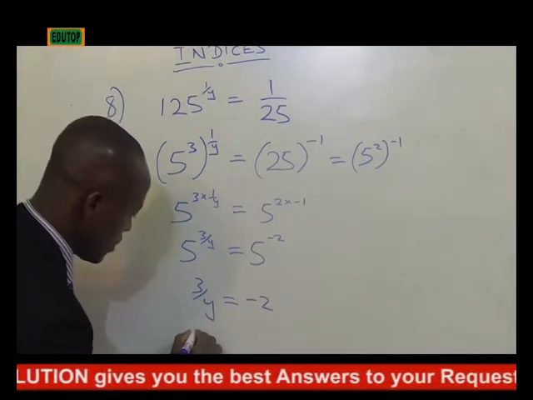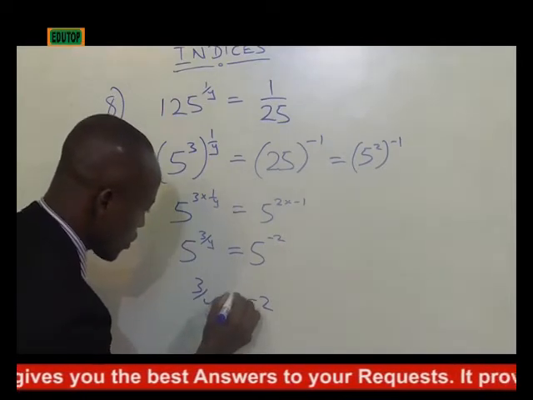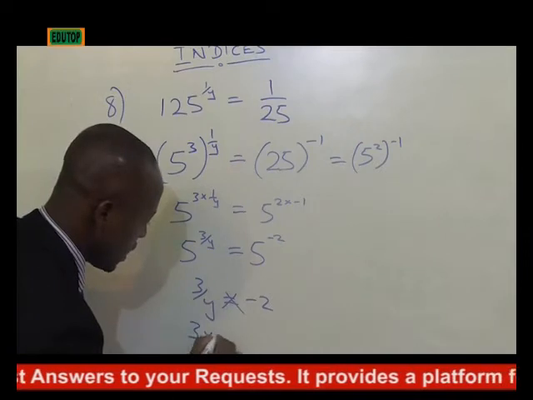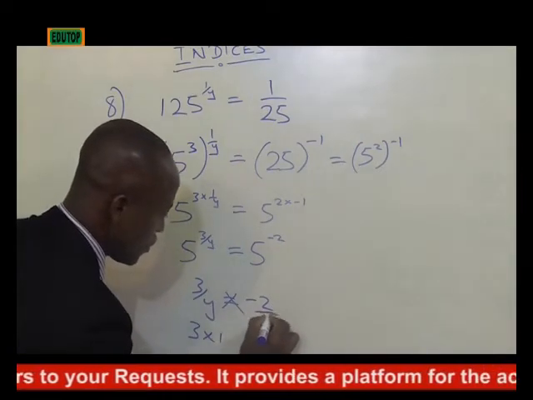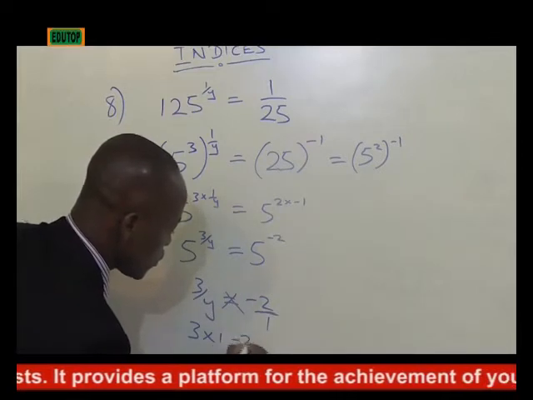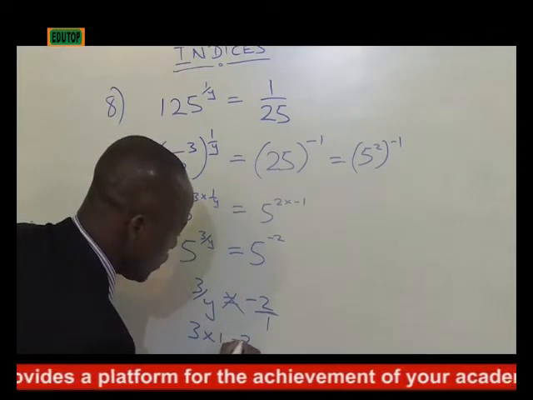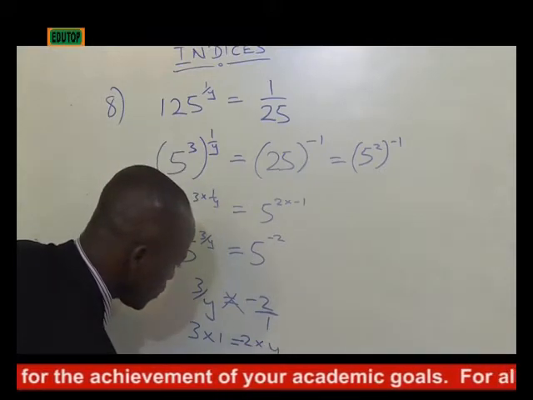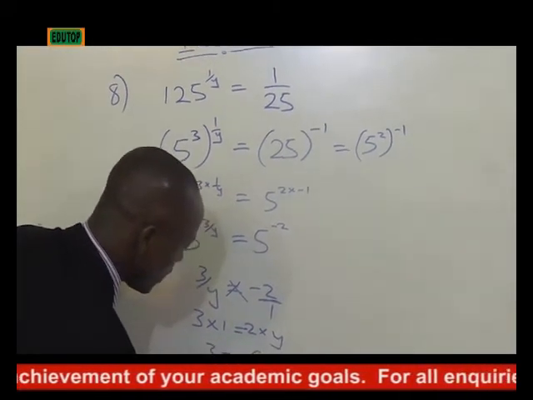We'll now be having, if we should cross multiply, 3 times 1. This one is just like minus 2 over 1. Then we'll be having minus 2 is equal to minus 2 times y. That is 3 is equal to minus 2y.